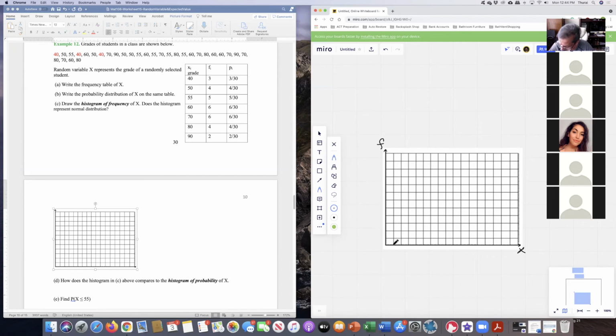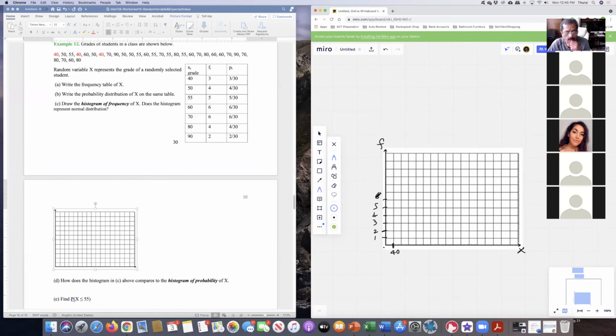So I can mark the 40 here at this point and use the two squares before and after the 40 to represent the bar. For 40, I have 3. Frequencies go up to 6, so I can use 1, 2, 3, 4, 5, 6.